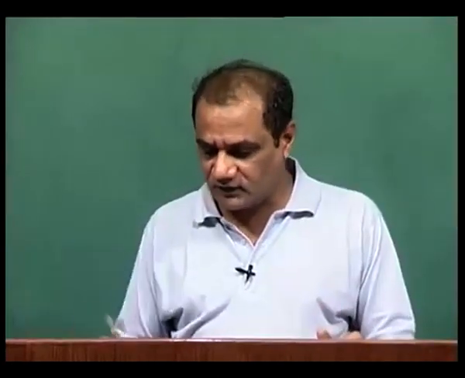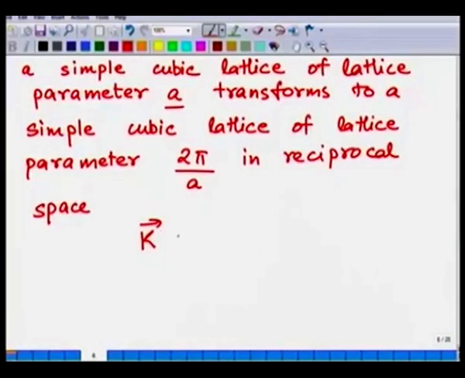In other words, I can generate another lattice in reciprocal space by just repeating this unit cell, and I will generate various lattice points, which will be defined by this vector K. If R defines the lattice points in the direct lattice, then capital K defines the lattice points in the reciprocal lattice. All right.